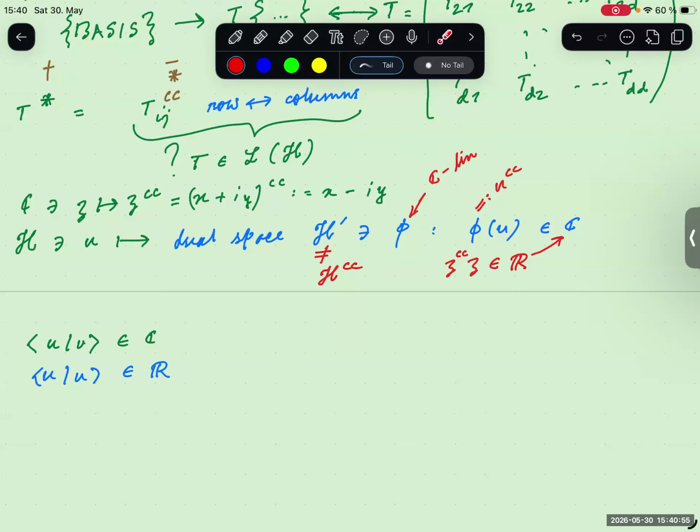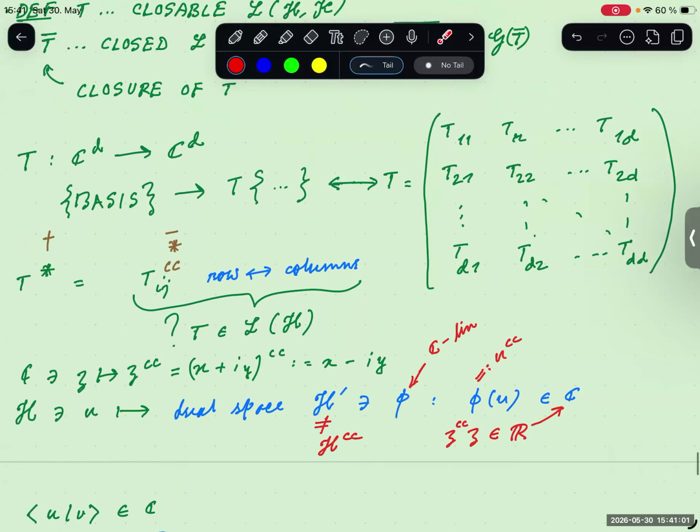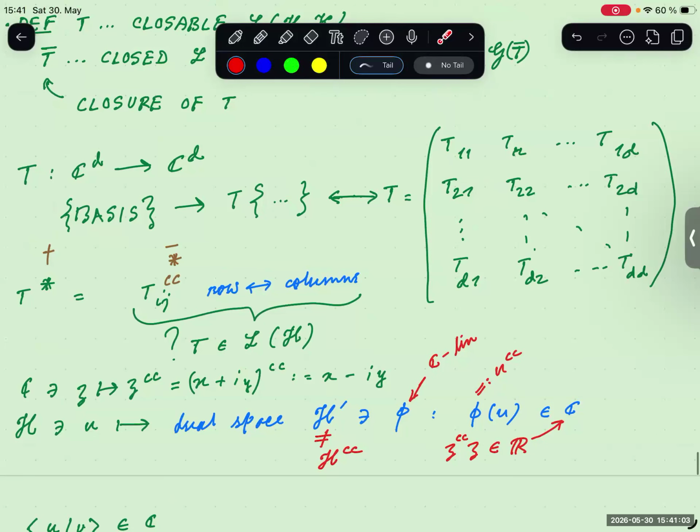Okay, good. So we have the inner product, and now let's go back. The first part is solved. We know how to take complex conjugation. We just use the inner product.